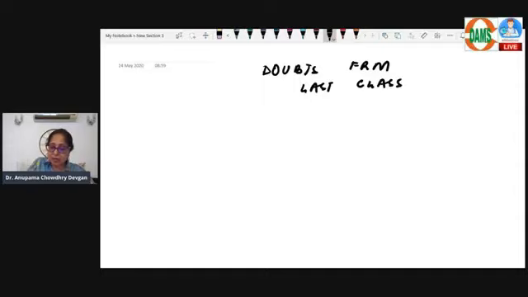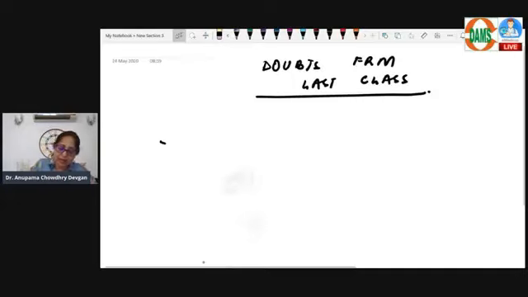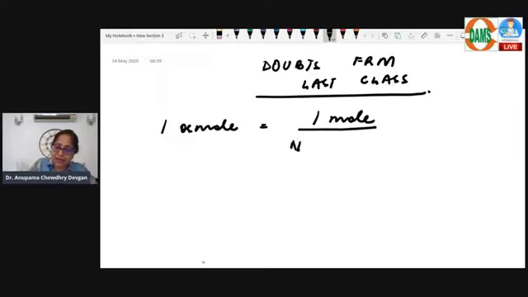Number one was, what is the relationship between mole and osmole? Please remember that one osmole of any substance is equal to 1 mole of that substance divided by the number of freely moving particles liberated in solution.